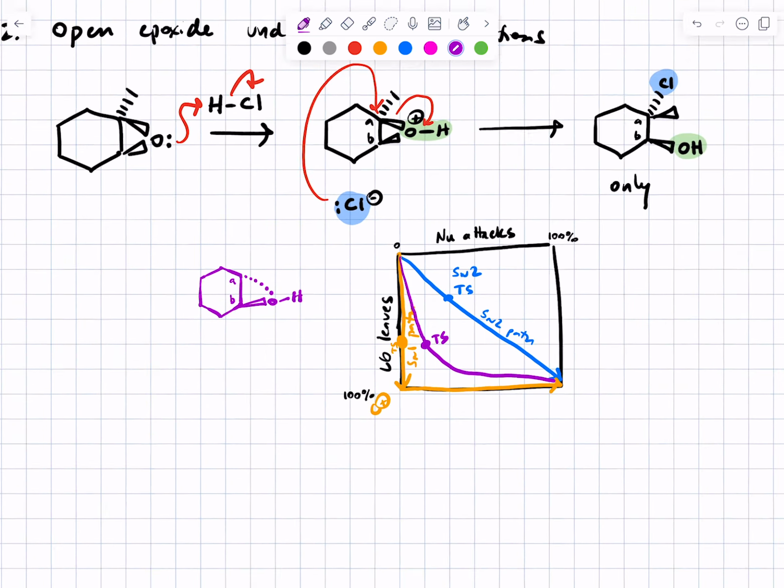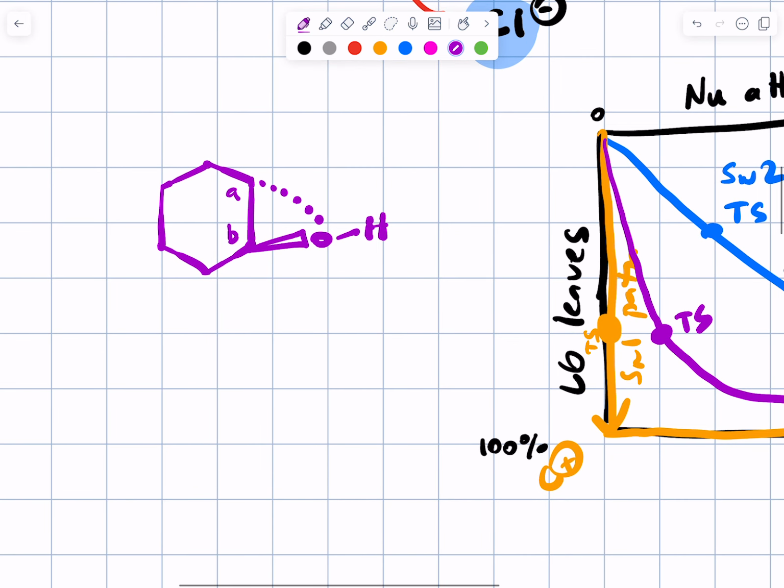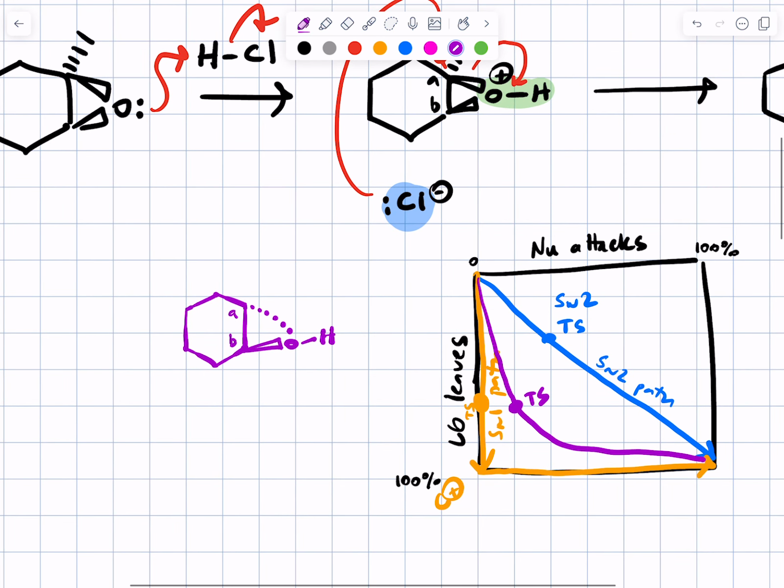Let's see now, as that leaving group is leaving, in the intermediate previous to that, we had a full positive charge on the oxygen. There should be less than that now because the oxygen is taking its electrons from carbon A and leaving. There should be a bigger positive charge building up on carbon A, and in fact, maybe we'll just erase that small positive charge and forget about it.